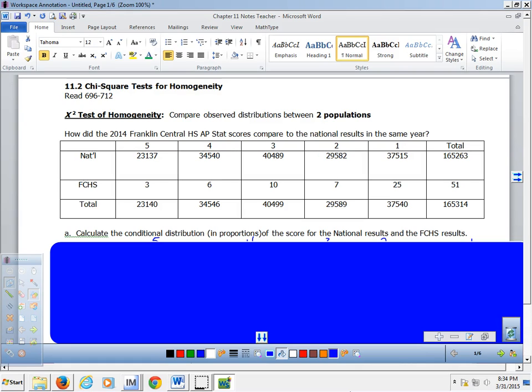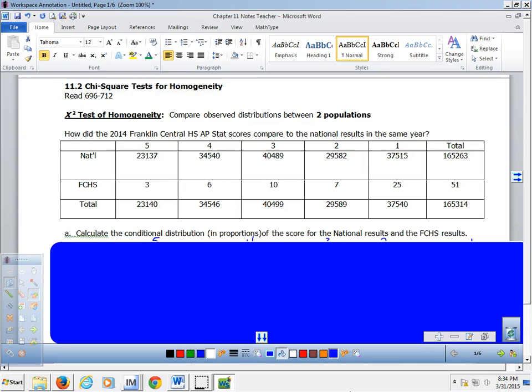The latter we will discuss next time around when we start talking about tests for independence or an association. What we'll focus on today is what we call a chi-squared test of homogeneity. And what that means is, for two different populations or two different groups, are the distributions across a categorical variable the same, or are they significantly different?